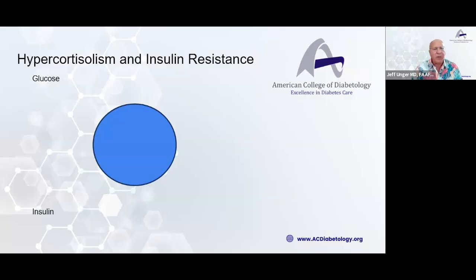So here's a question I always ask my patient. It's a good slide to remember. I ask, all right, how does glucose get into cells in the first place? Remember, glucose is the only source of energy for cells. We can't hook the cell up to an electrical source to power it. We've got to get glucose into the cell. So how does it work? Well, insulin binds to a cell.